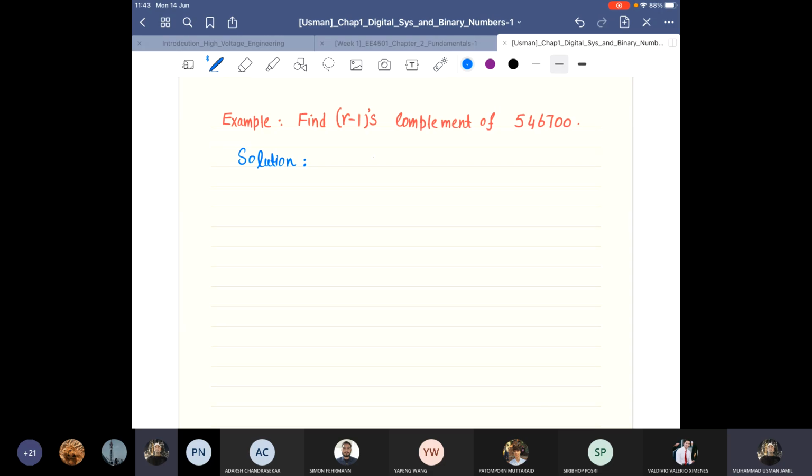Solution: we have the formula R to the power n minus 1 minus n. This number is in base 10, so R is equal to 10 here, we know from the question.